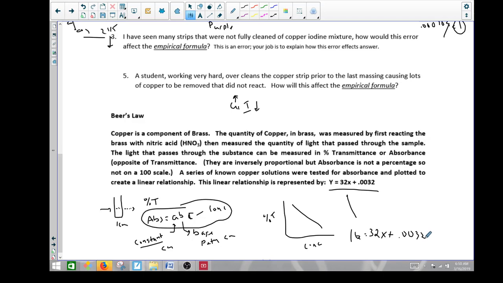Plug it in. Simple math at this point. 16.1 minus 0.0032, divided by 32, is 0.4999, and that would be my concentration. Holding 3 sig figs.